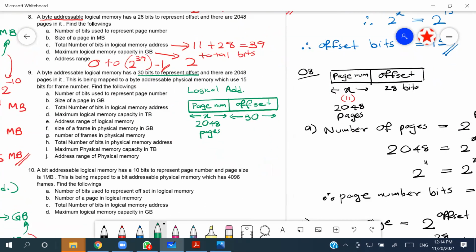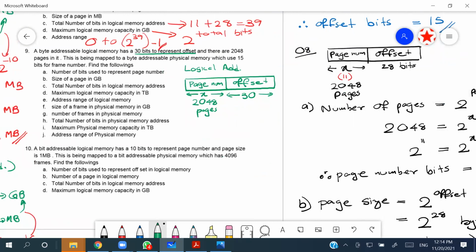And then about the physical address. It says this has been mapped to a byte addressable physical memory which uses 15 bits for frame number.